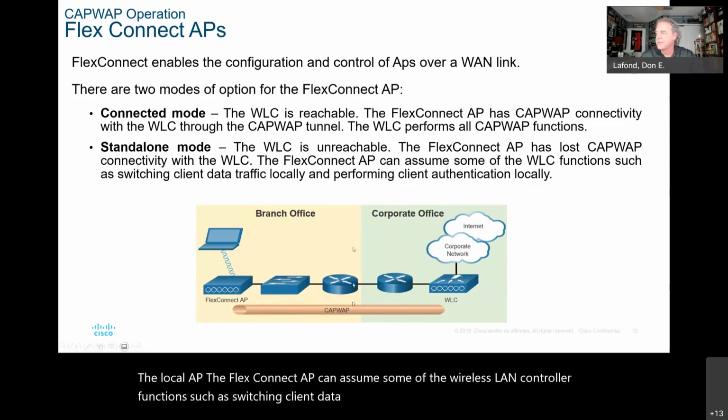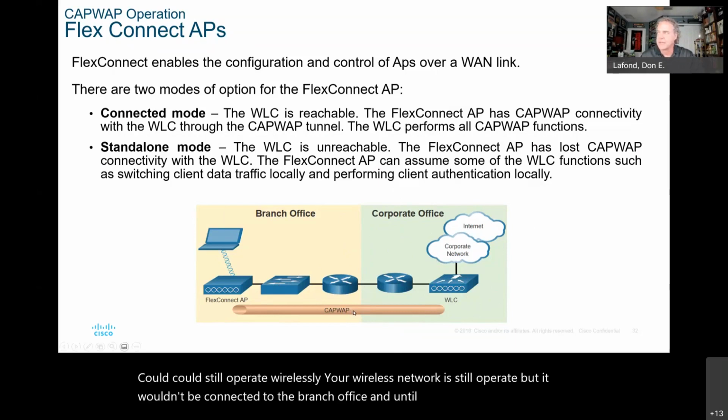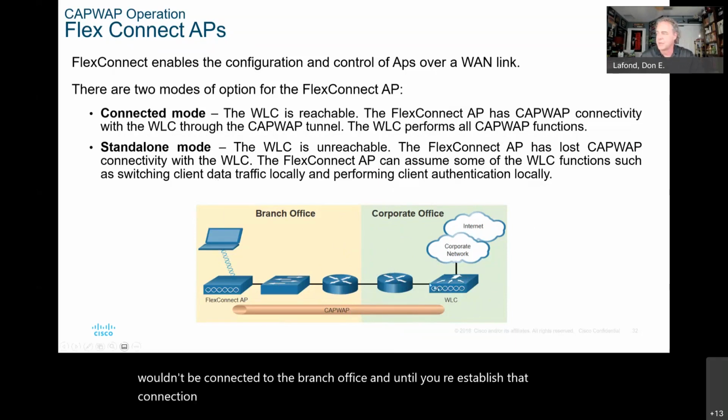So basically, what this does is, if you were to lose your connection, your network could still operate wirelessly, but it wouldn't be connected to the branch office until you reestablish that connection, and then you're back in connected mode. It doesn't mean that it would stop the traffic. It just stops you from accessing it remotely and configuring it.